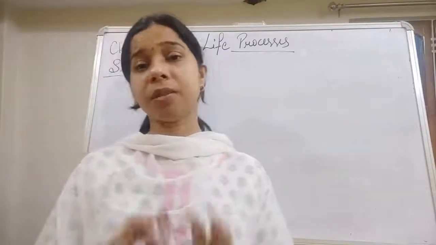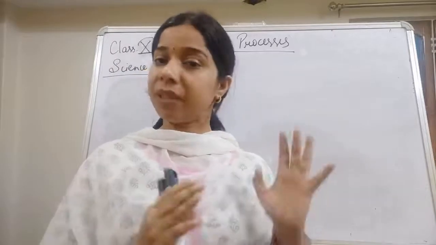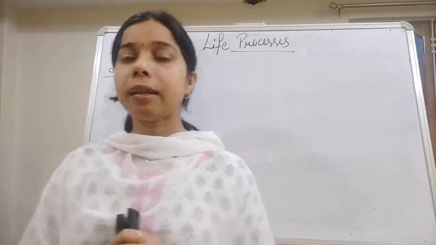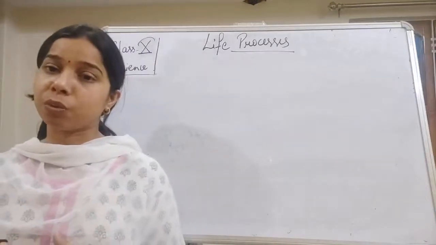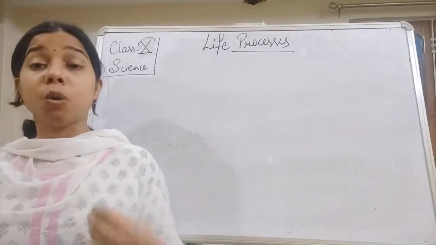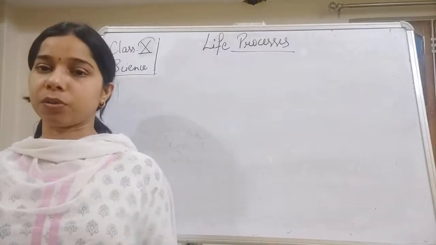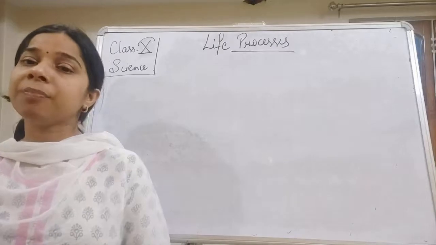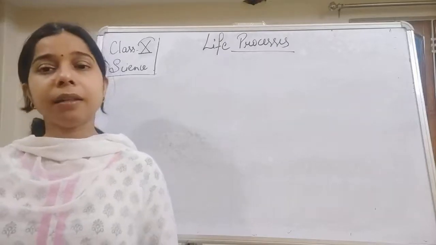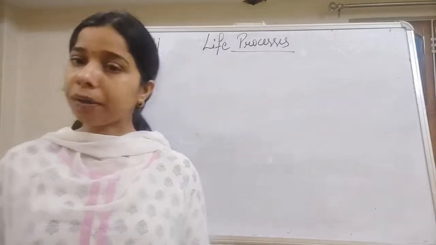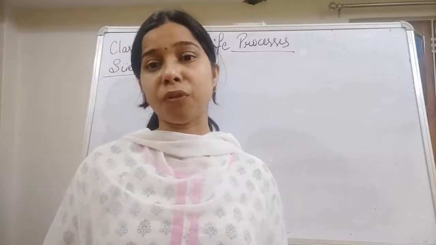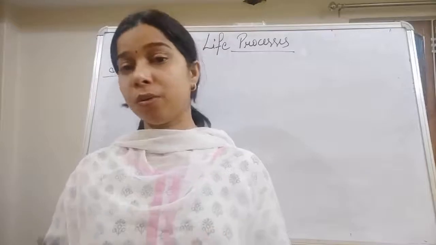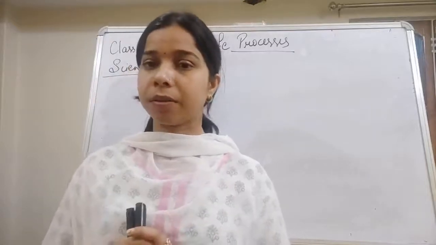Now I am telling you that these are the conditions which are necessary. But the question arises in your mind: how can we say so? How can we say that sunlight is very important, or chlorophyll is important? We could also think the process can occur just in the presence of carbon dioxide and water. How can we prove that sunlight is important, because if there is no sunlight, no photosynthesis will occur?